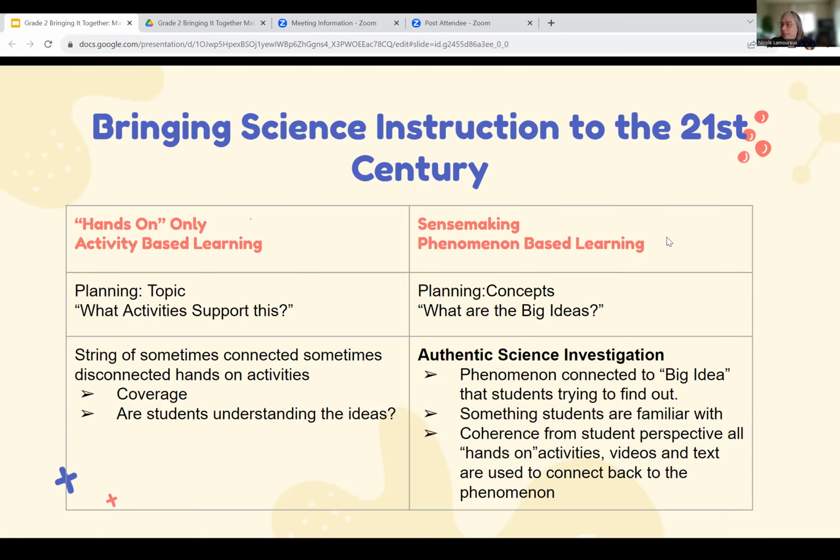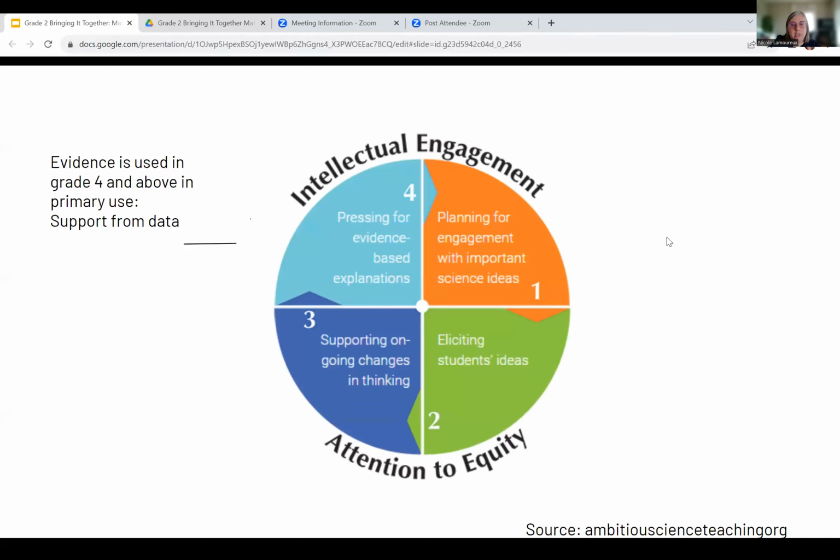So when we're looking at this curriculum, we're looking at what the concepts or big ideas are that I want my students to walk away understanding, and looking at something students are familiar with, so they can build on their knowledge from each lesson. So it's from a perspective of coherence, that there's a beginning, middle, and end, which I'll talk about.